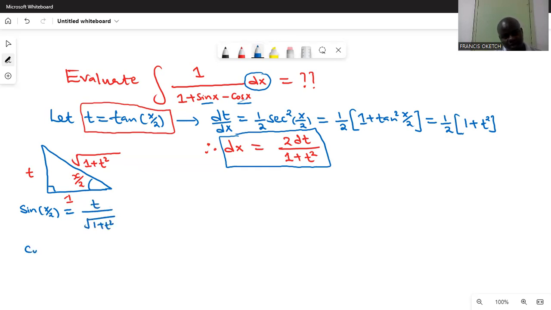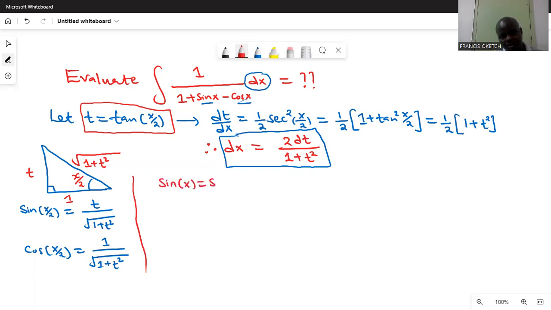You can also find cos x over 2 from the triangle, and that is equal to 1 over the square root of 1 plus t squared. So that if we use the trigonometric identities, we can find sine x in terms of t.